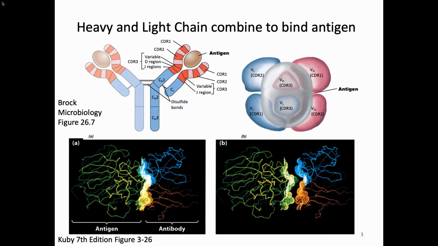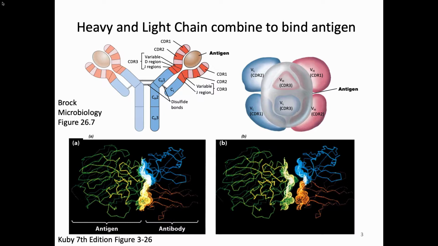We called this bottom portion of the antibody the constant region. And we talked about how there were 5 different kinds of constant regions and things like that. The portions of the heavy chain and light chain that are binding to the antigen will have to be different between antibodies that bind different antigens.